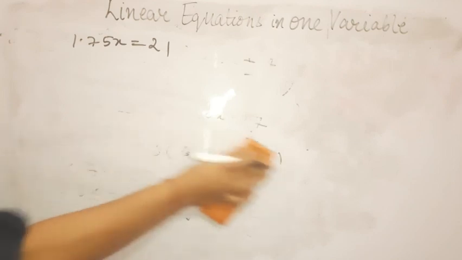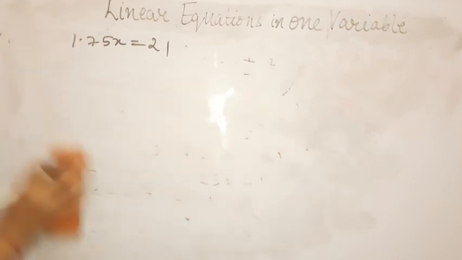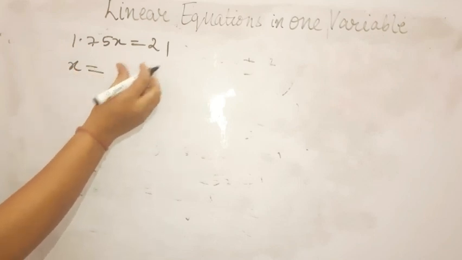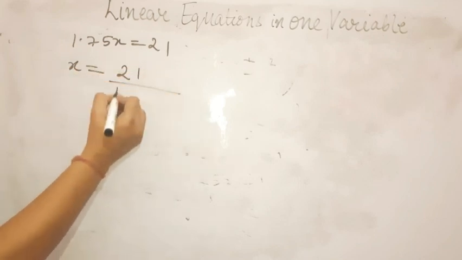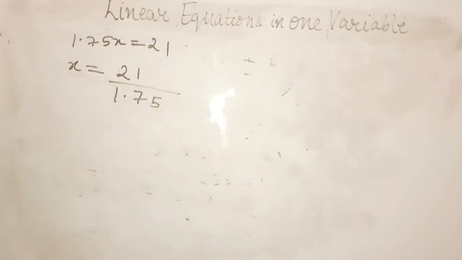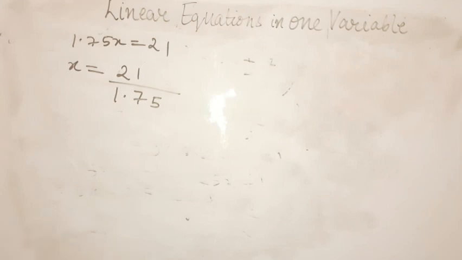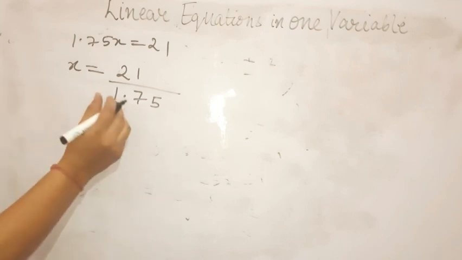Now let me rub this. This x is in multiplication with 1.75. Once this 1.75 goes to the right hand side, it will be in division. Now this is our decimal number. Now to solve this, what do we have to do? We have to remove the decimal point. And how do we remove the decimal point?